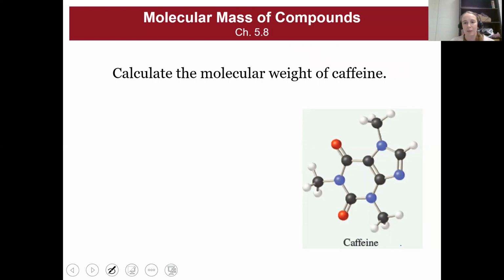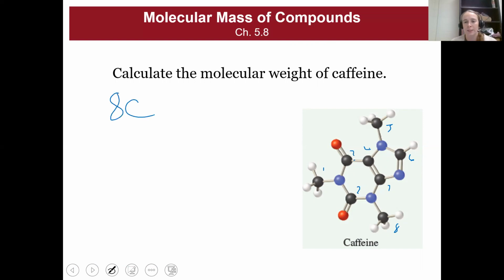But here is caffeine. This is the molecule itself. This is our molecular model. If you remember, the black atoms are carbon. So we've got 1, 2, 3, 4, 5, 6, 7, 8 carbons.